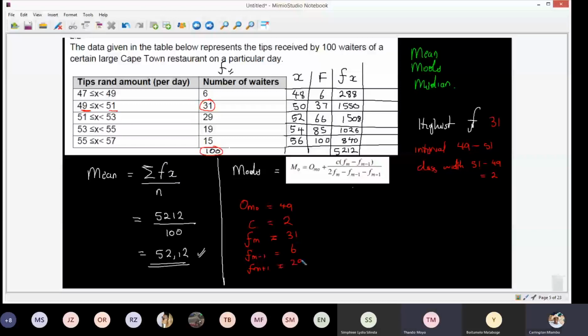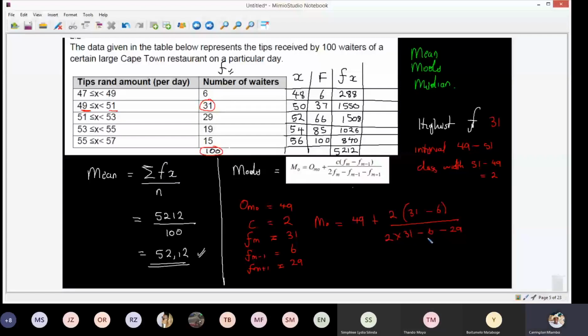Then you substitute into your formula. So your mode is given by 49 plus the class width 2, in brackets, frequency of the mode 31 minus the previous frequency 6. I didn't say minus 1; minus 1 is just showing you to look at the previous frequency. Over 2 multiplied by 31 minus 6 minus 29.